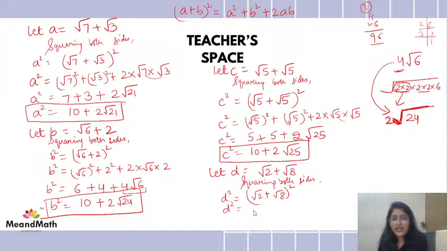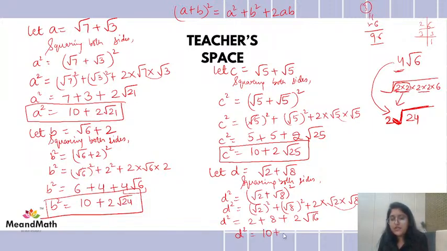What will we get? a square plus b square plus 2 times a times b. Similarly, here we get 2, here we get 8, here we get 2 times root 16, since 8 times 2 is 16. So D square is 10 plus 2 root 16.